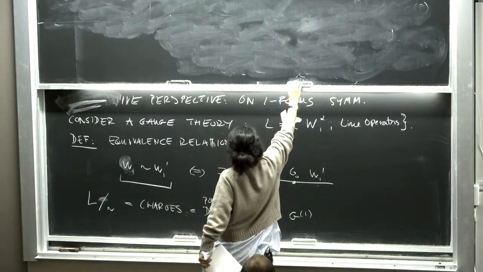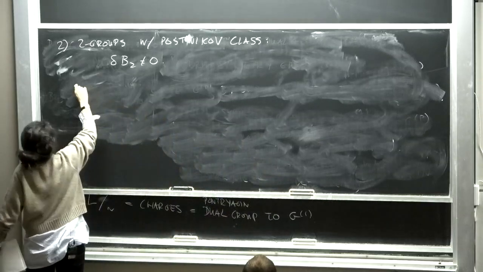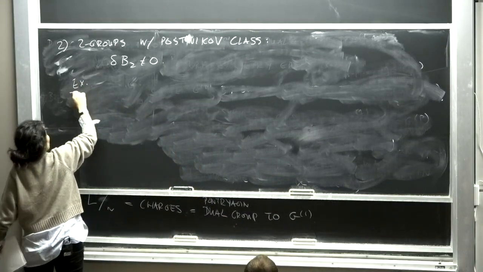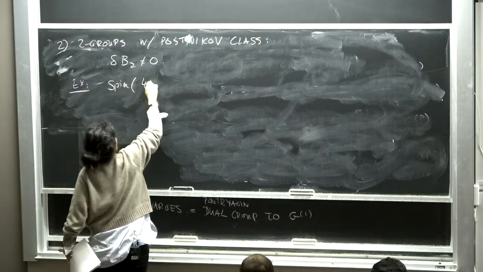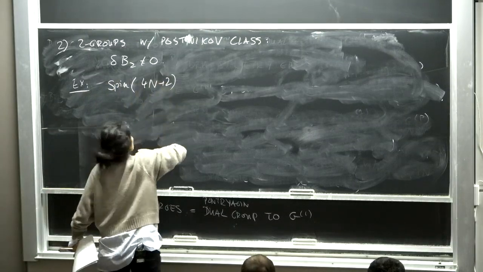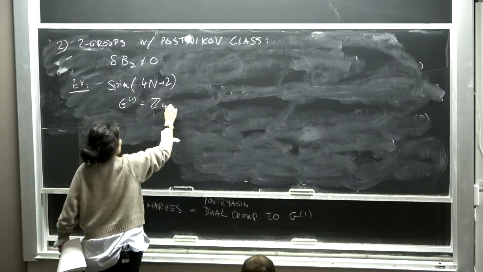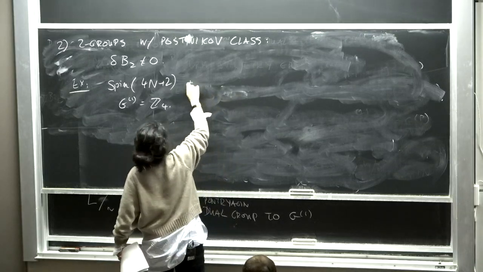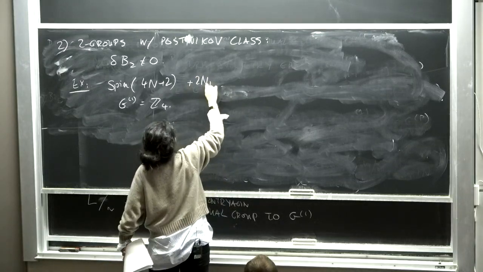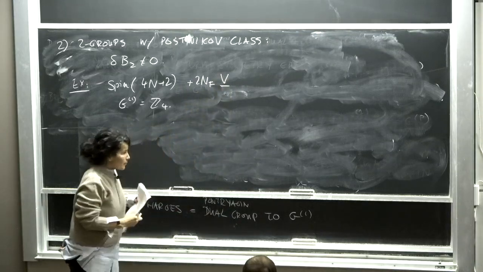Say if I look at a gauge theory, so for example, the simplest example where this happens is for N plus 2. The one-form symmetry is Z4 in this case. And I add to it some vector matter.